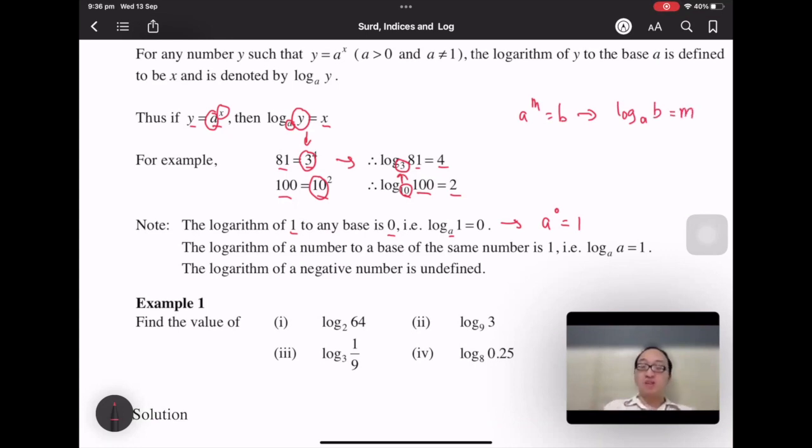So using this definition, log base a of 1 equals 0, because a to the power of 0 is 1. So for any base, the logarithm of 1 should always equal 0.